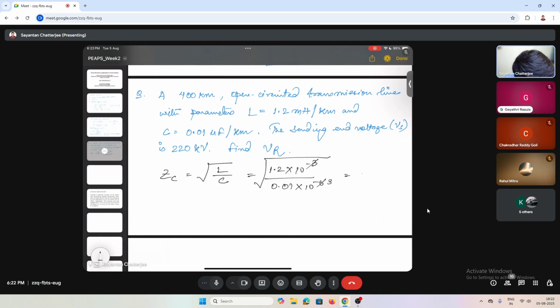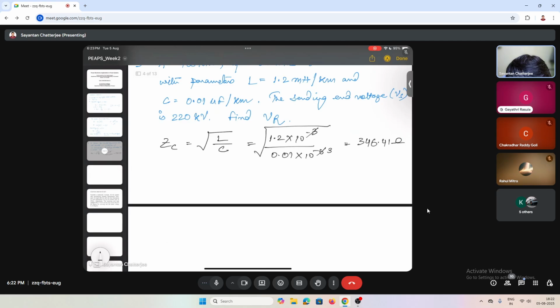So the square root of 12 into 10 to the power 4 gives 346.41. What will be the unit? Ohm, right?